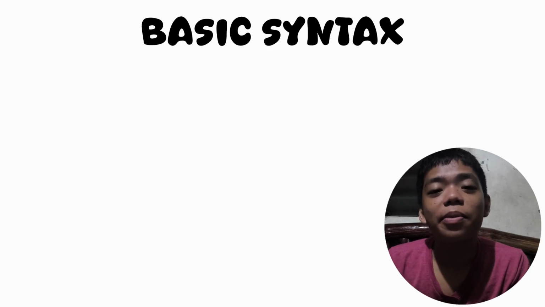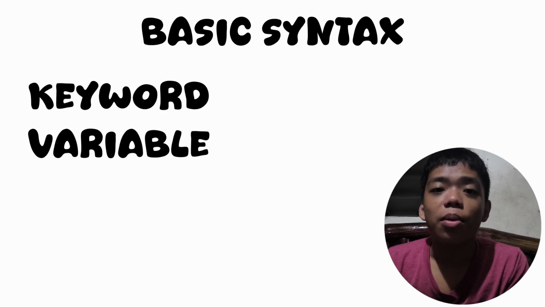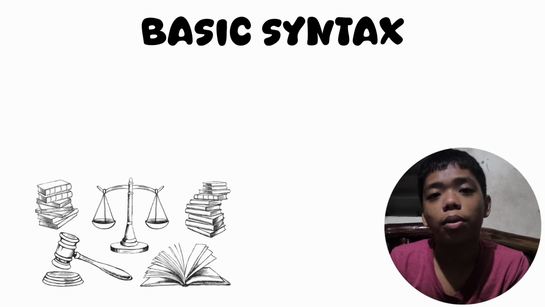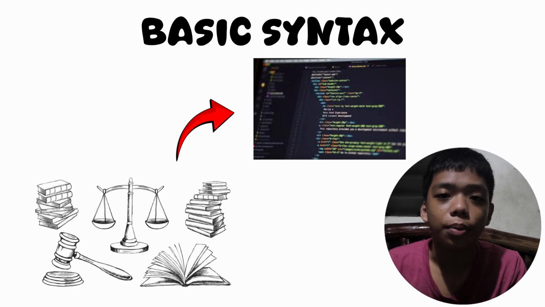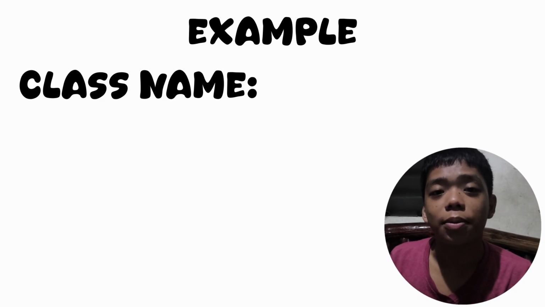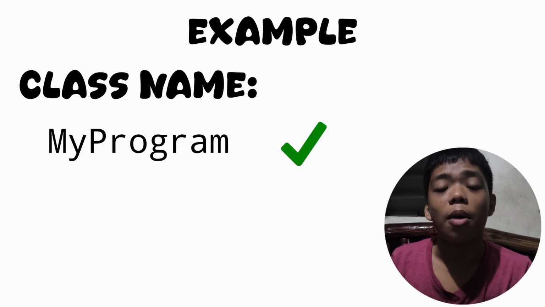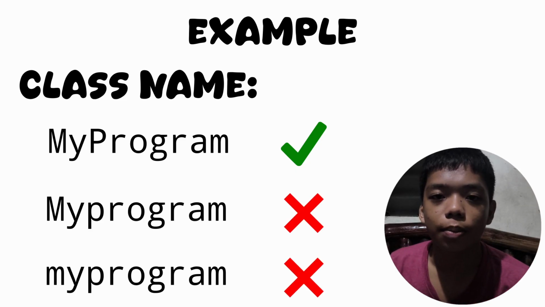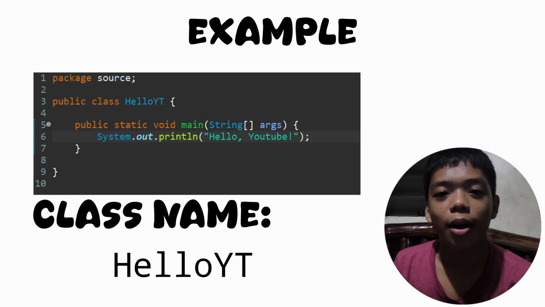This applies to every word in your code, including keywords, variables, classes, and methods. There are some rules that you need to follow to have a good format in your code. For example, for all class names, the first letter should be in uppercase. Each inner word's first letter should be in uppercase. For example, what we did earlier, HelloYouTube.